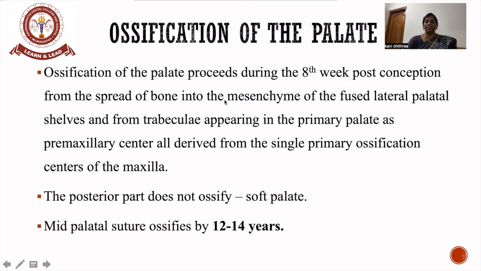The palate ossifies by the 8th week post-conception from the spread of bone into the mesenchyme of the fused lateral palatal shelves and from trabeculae appearing in the primary palate as the premaxillary center, all derived from the single primary ossification center of the maxilla. The posterior part does not ossify, and that is why it is the soft palate. The mid-palatal suture ossifies by the age of 12 to 14 years, which is why rapid maxillary expansion has to be done within that age.